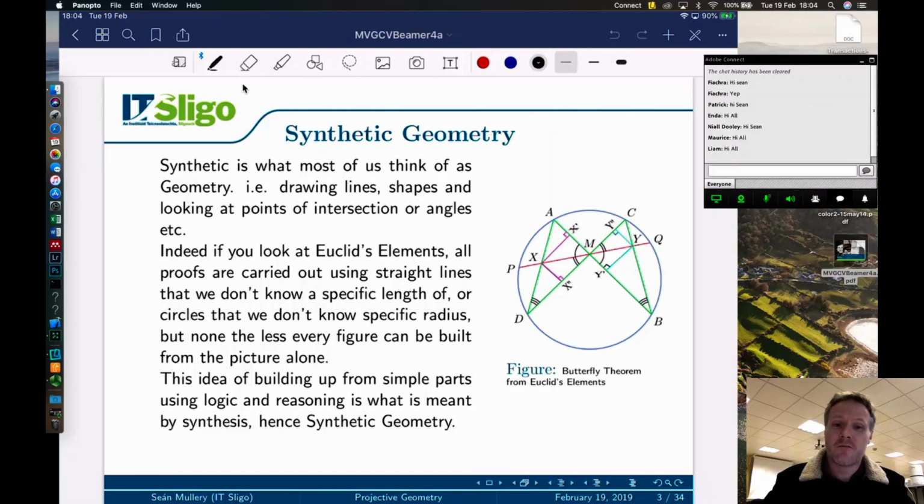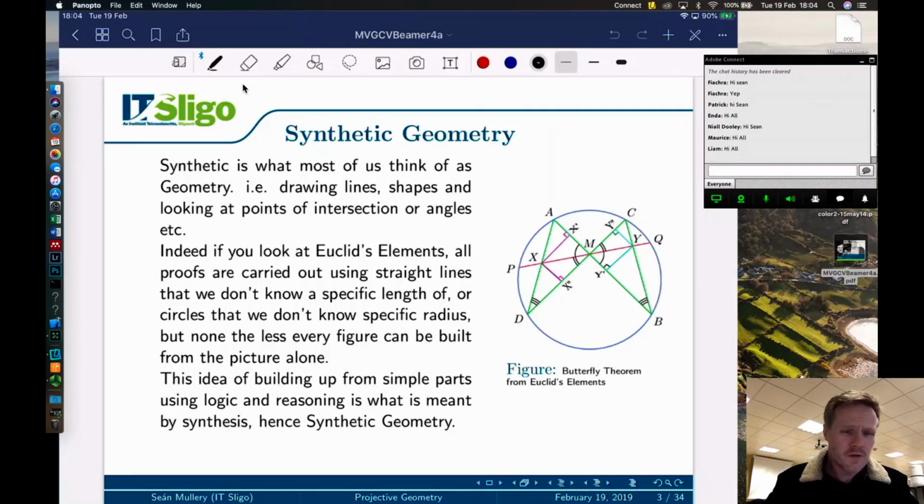So this idea of building up from simple parts using logic and reasoning is what is meant by synthesis, hence synthetic geometry. We often think of something being synthetic as being man-made or fake, but all it means is that we can build things up from small constituent parts into a more useful whole.